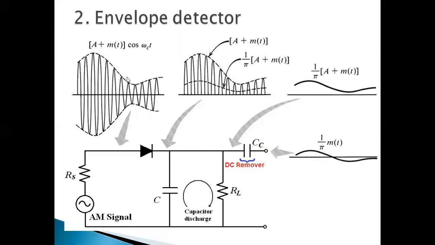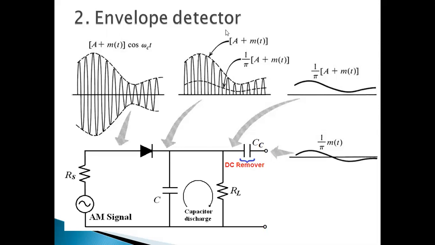This is the circuit diagram for the AM detector, meaning amplitude modulation detector, or demodulation of the AM wave. The method for demodulation of the AM wave is the envelope detector. Only one method we have.